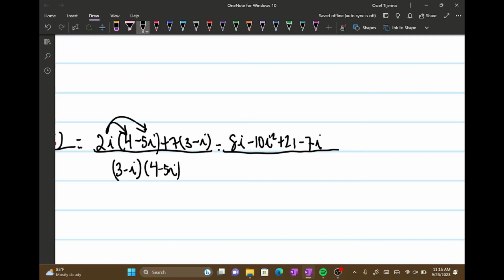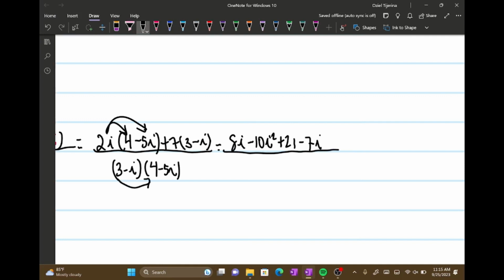I do want to say that when it comes to rational expressions, usually we don't FOIL the bottom, but here we do, because these are imaginary numbers. In reality we have to, because at the end of the day they're going to equal something, and then we can simplify from there.